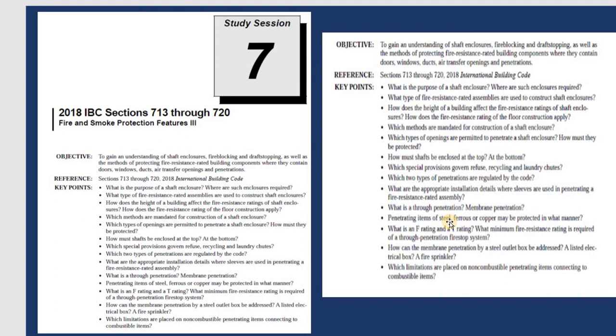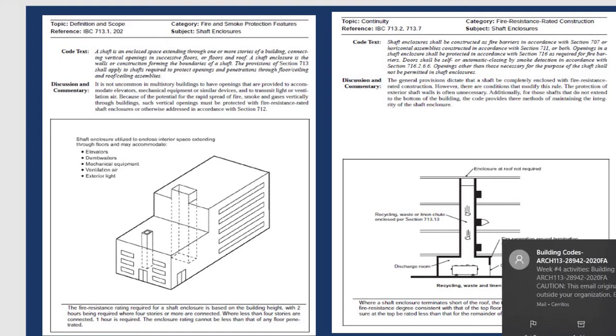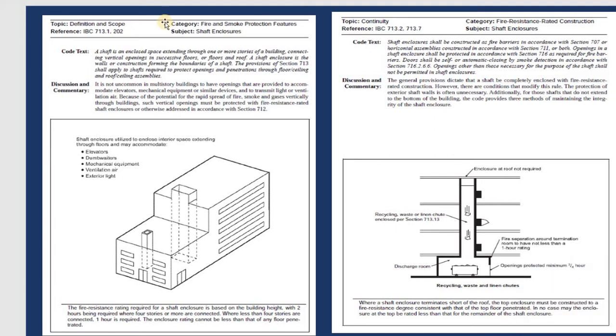Usually we focus on the exterior, but today we go into more detail on the interior, especially the materials and the ratings of the construction, openings, and why we need to use them. Follow the code before you start to design. There are many things we can learn, but today we will focus on some of them.